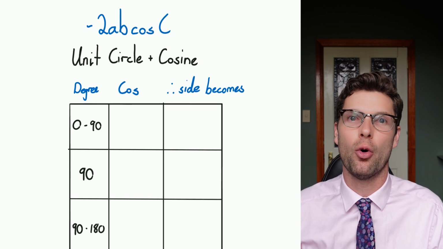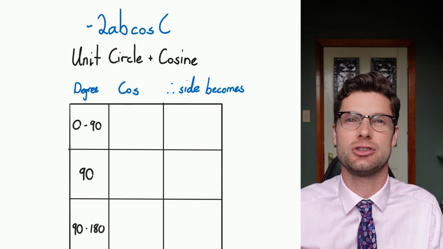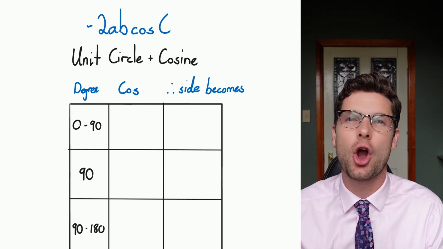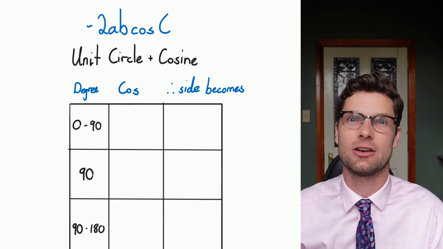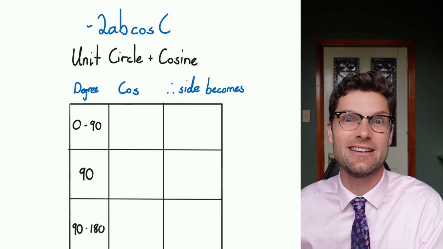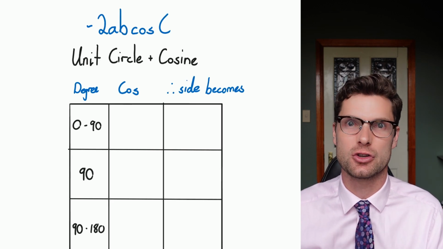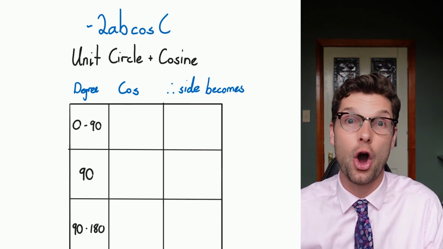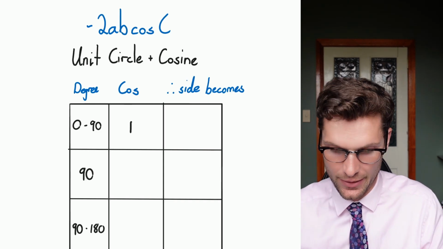So just a little note about the minus 2ab cos c. It's actually really important that we link this back to our unit circle knowledge. So remember, when the angle is in between 0 and 90 degrees, everything, cos, sine, and tangent, are all positive in that first quadrant. So that means that cos is a definite positive number.